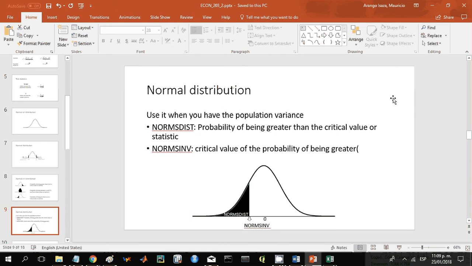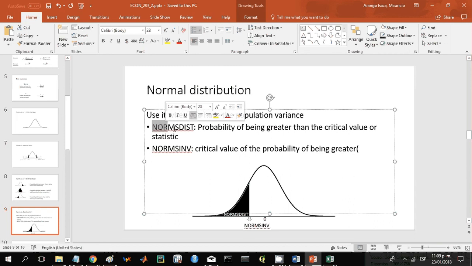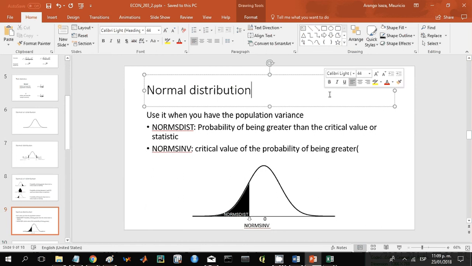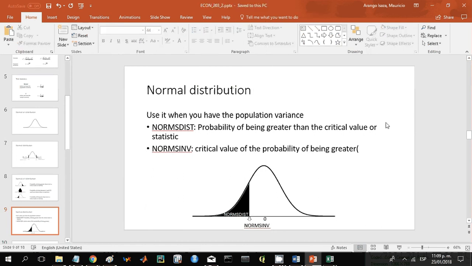For each distribution, we have two functions that are kind of the two sides of the same coin. For the normal distribution, I have NORM.S.DIST, that is normal standard distribution, and this command is telling me the probability for the input, and that input is going to be the critical value or the value of the statistic.